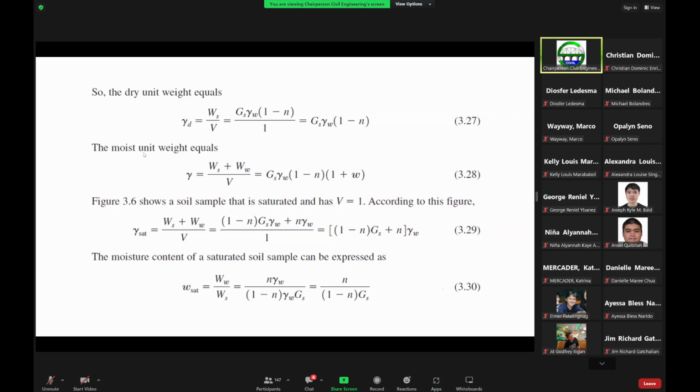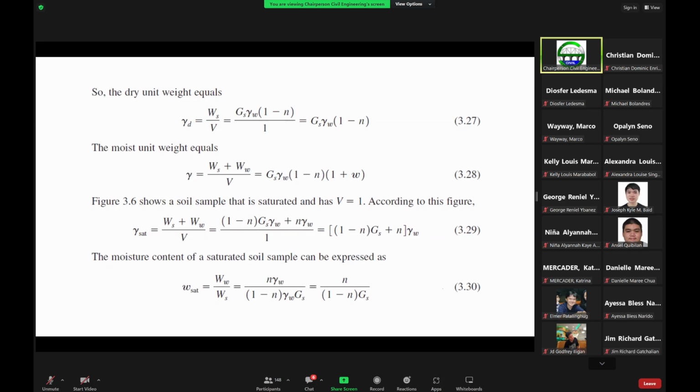Now, for the moist unit weight, we know that the moist unit weight or the total unit weight is equal to the total weight, so the weight of the soil solids plus the weight of water over the total volume.